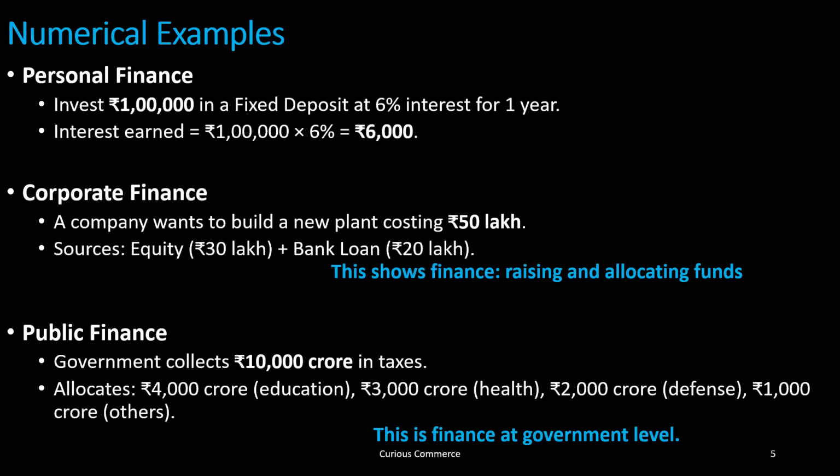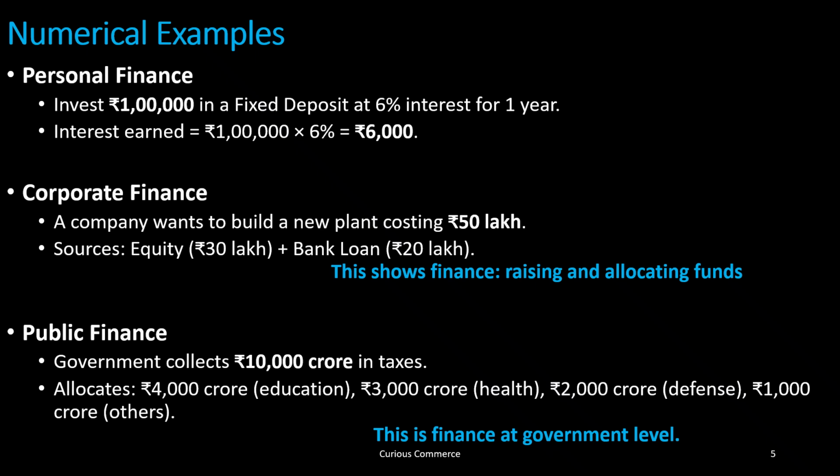In case of business or corporate finance, a company wants to build a new plant costing 50 lakh. For the investment of 50 lakh, the corporate authorities decide to mobilize the fund from equity shares worth around 30 lakh and the remaining 20 lakh from a bank loan.